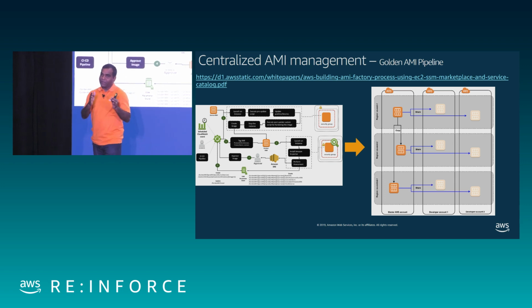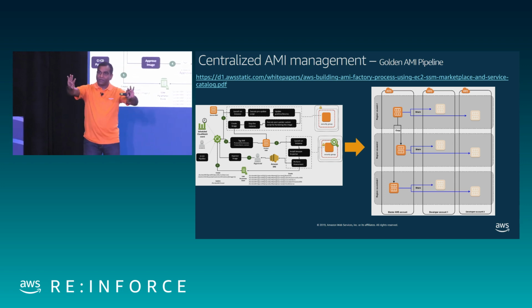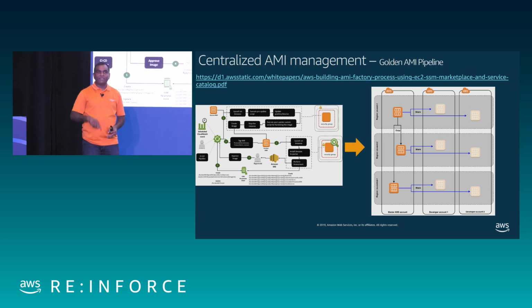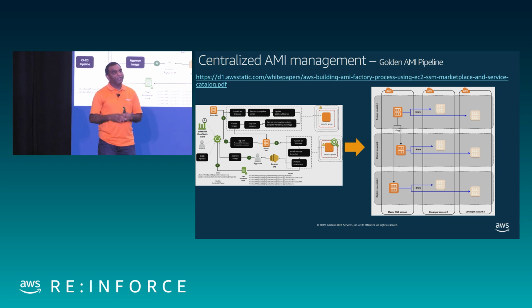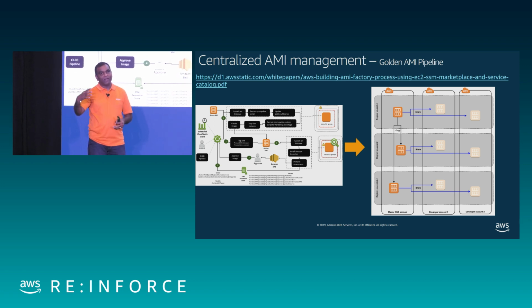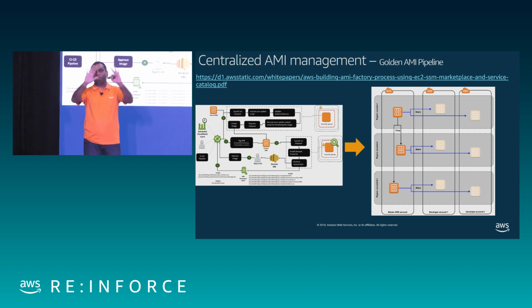And then from that central account, you can share the golden AMIs with all other accounts. So when your project teams are launching any of these EC2 instances, they will be forced to use those AMIs, and that's what you make available. If they don't use them, your Config rule should catch it and give you some visibility in your dashboard.